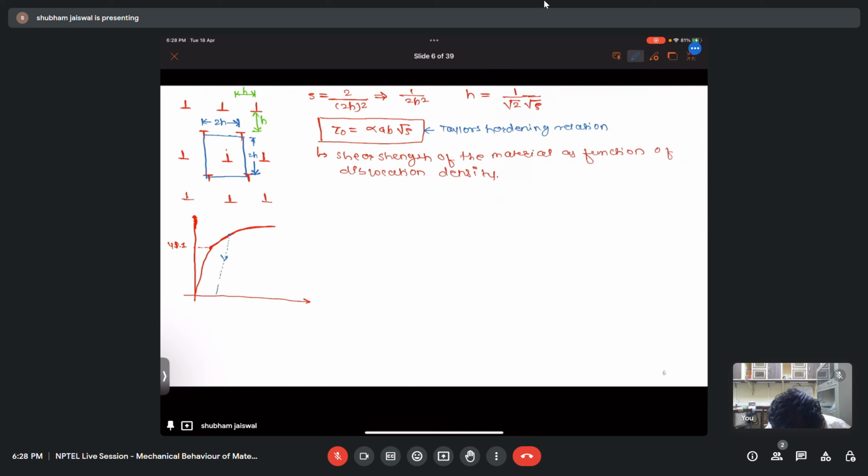When I am loading it again, this will be my yield strength 2. So you can see that this much increase in yield strength has been observed.